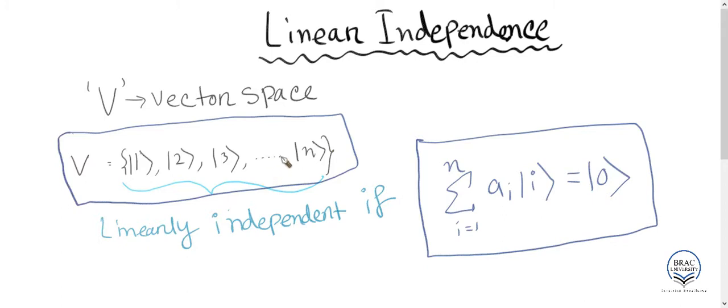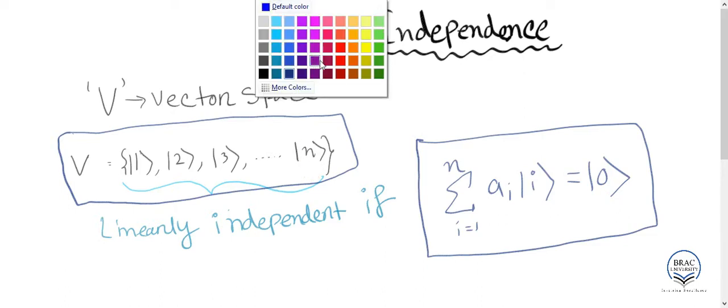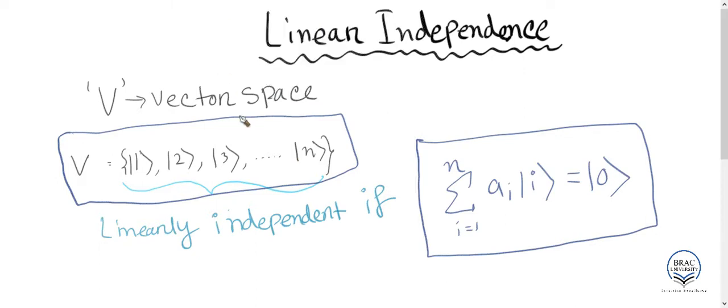So what do we mean by this? Let's try to see it explicitly. So let me choose a deep color again and a bit wider stroke. Let's say I had these n objects.